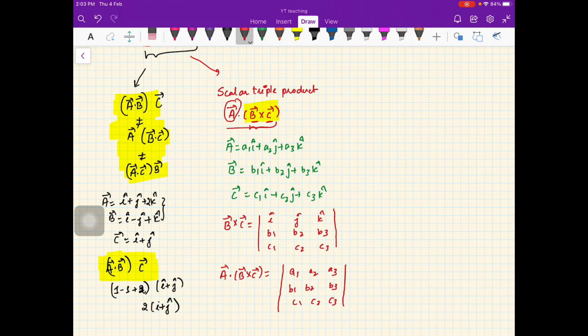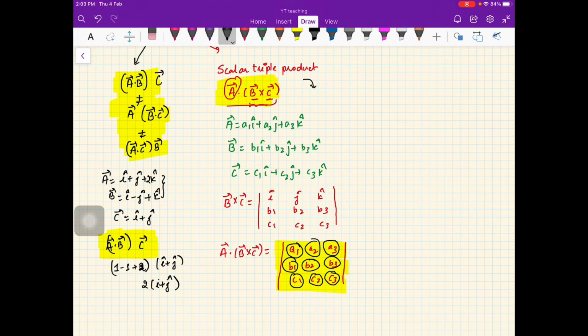So finding the scalar triple product is equivalent to finding this determinant, where you have put the components of the vectors row-wise: components of vector A, components of vector B, and components of vector C, right?